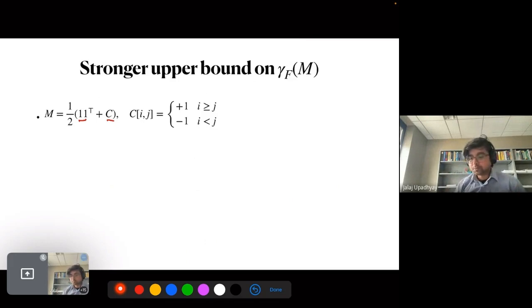So good. Now, if I look at the all-ones matrix, 1 transpose 1, its CB norm, or any factorization norm, is easy to compute because I know the factorization simply. That is square root of t. What about this matrix C?